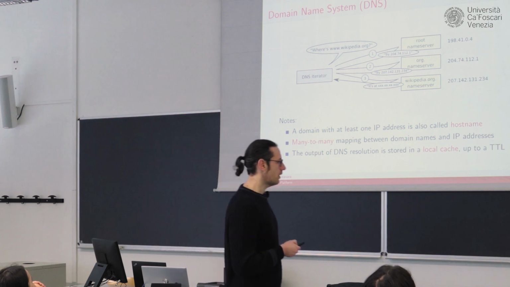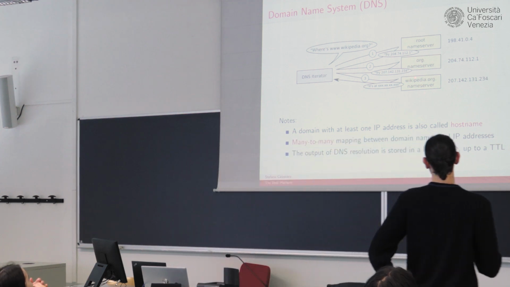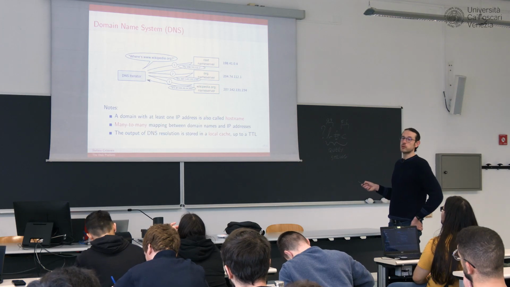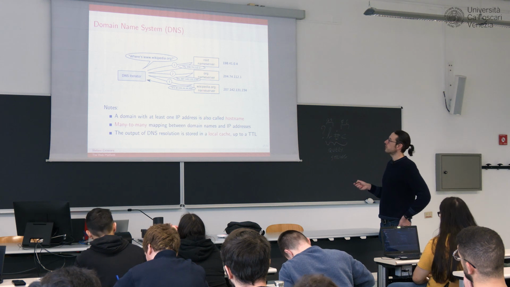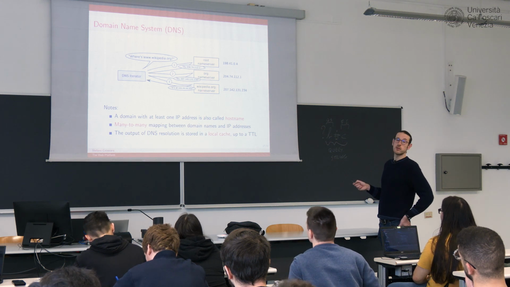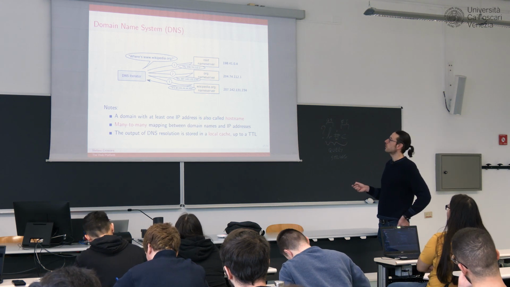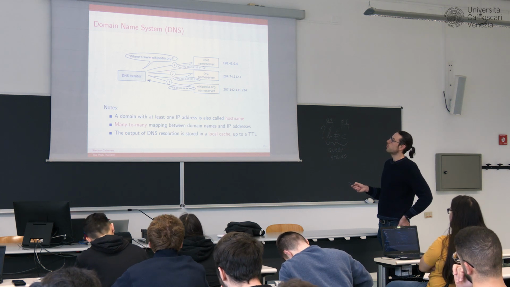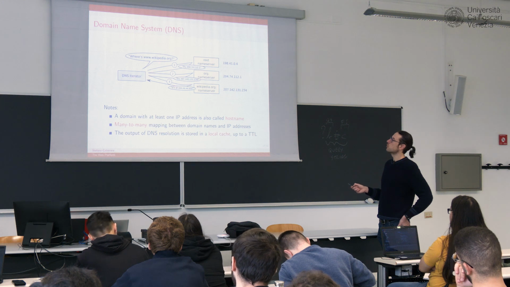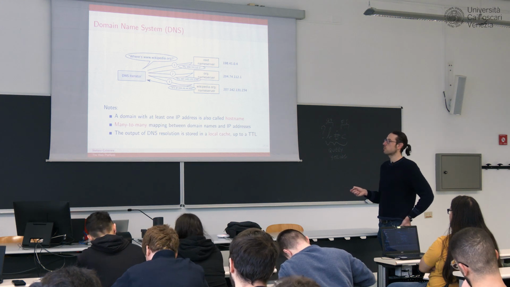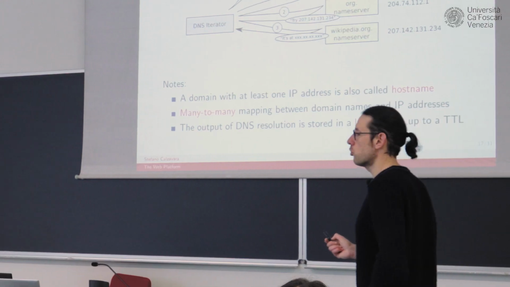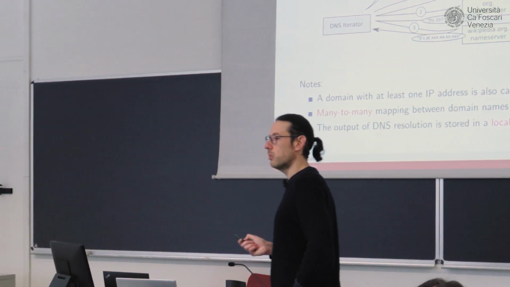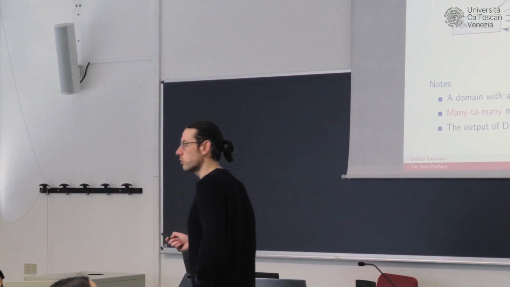The next name server is in charge of resolving wikipedia.org. So the name server here finally knows the answer. So this name server here knows exactly the IP address which is associated to www.wikipedia.org. So here, with the last response, DNS resolution stops, and now you know the IP address that you can contact.